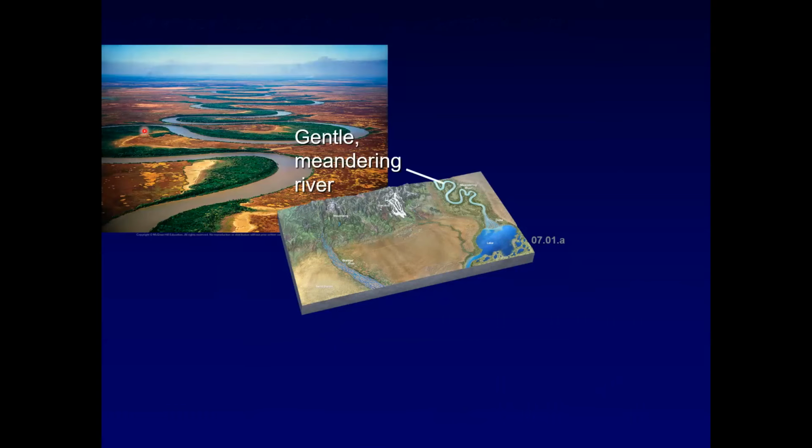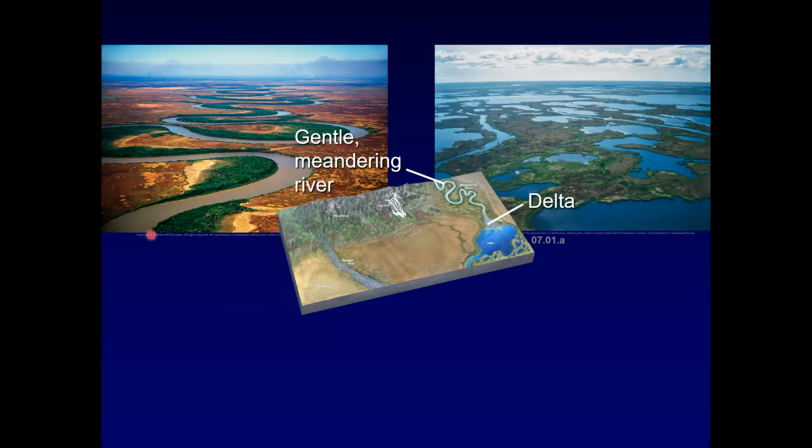As I said previously, we have fine sediments in a floodplain along a meandering river with silt and clay. Deltas form where a river enters an ocean or lake, causing the flow of that river to slow down. Suddenly there's not enough energy for sediment to continue to be carried, so it is deposited.